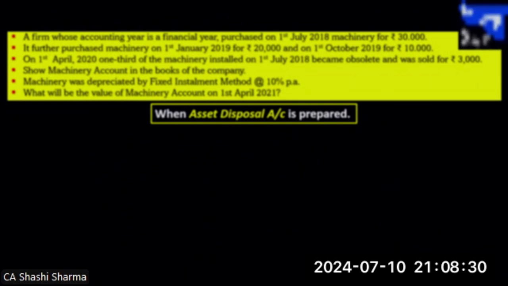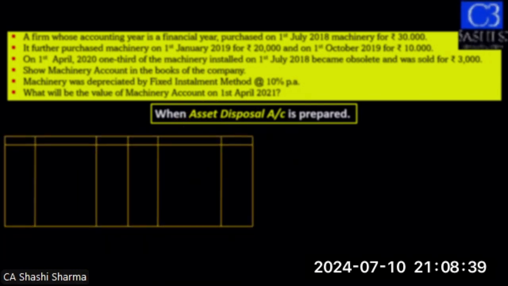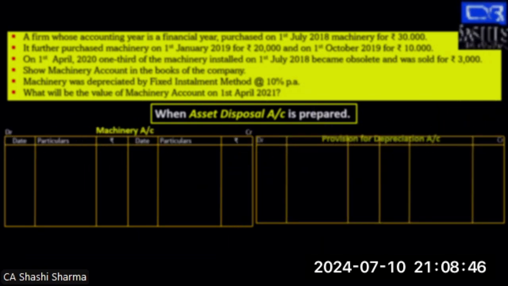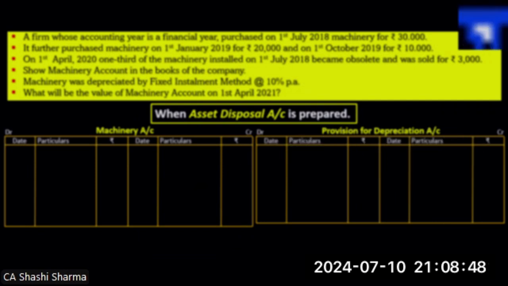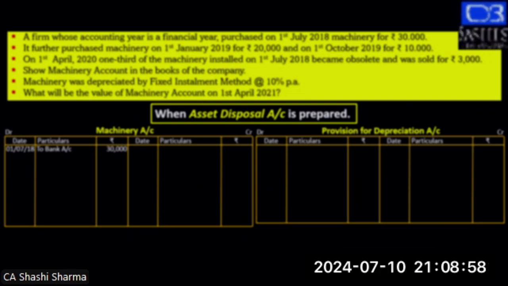And our concept will be clear. So here again, all the entries will be exactly the same like in the second method. Machinery account, provision for depreciation up to the date of sale, we will prepare these two accounts in the same way as in the second method.